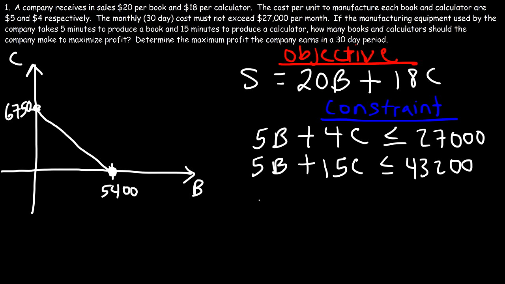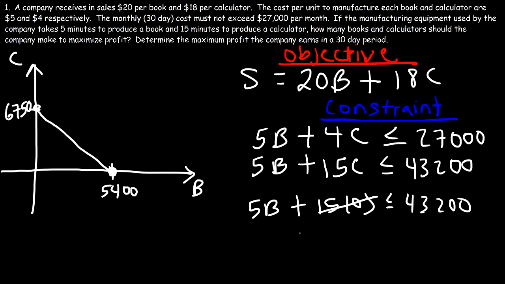Now let's replace C with 0 and let's calculate B. So this is going to disappear. So B is going to be 43,200 divided by 5. And so that's going to be 8,640.